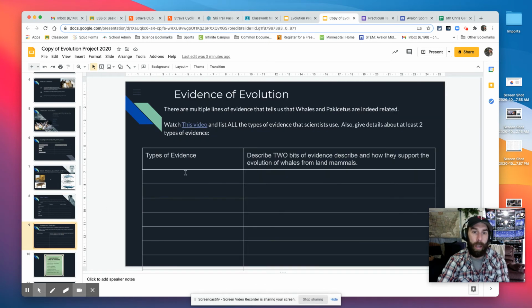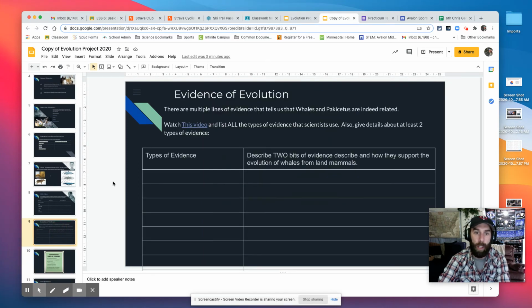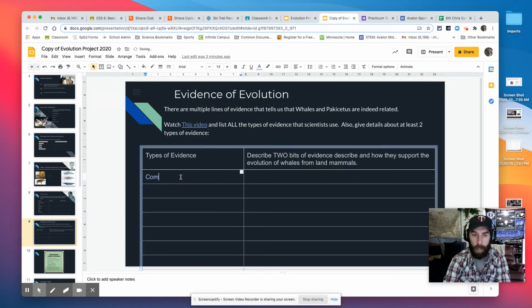Here, I wish it would stop clicking for me. And here it gives some independent lines of evidence, right? So you might write comparative anatomy here, and 2 bits of evidence describe how they support. So, boy, oh boy, right?